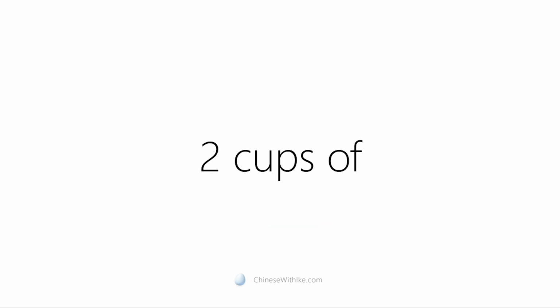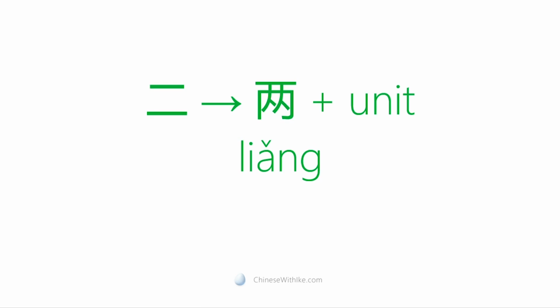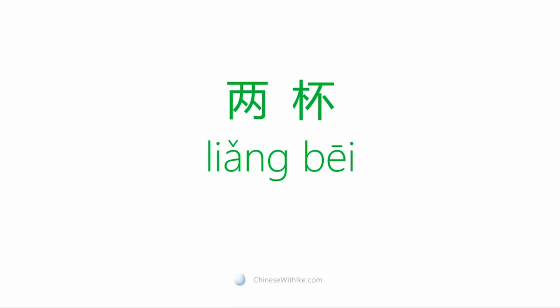And how to say 2 cups of: when you want to say 2 with a unit word, you have to change 二 to 两. This is how Chinese people say. So 2 cups of in Chinese is 两杯.